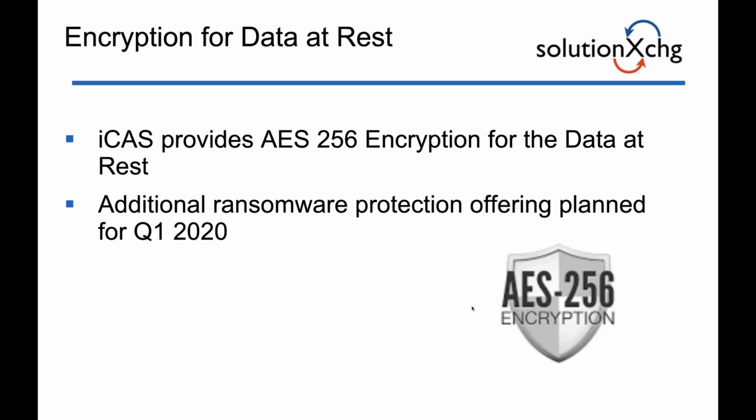So there will be a new offering out that ensures that if you get attacked through a cyber attack, there will always be a protected copy of your data that has not been impacted by the ransomware.